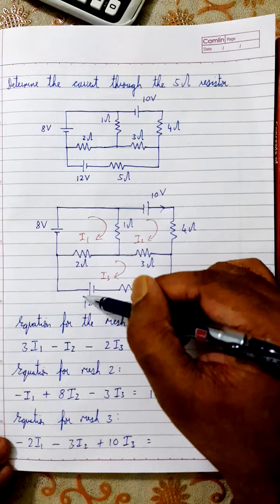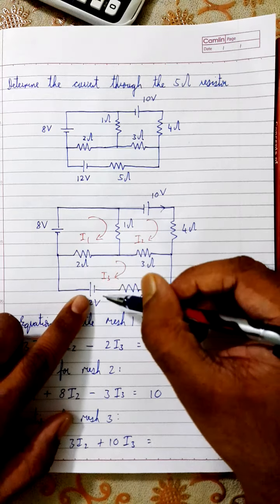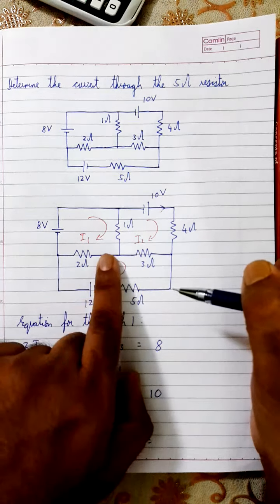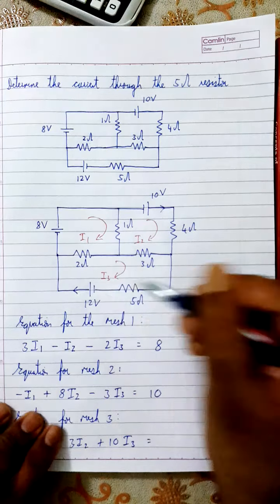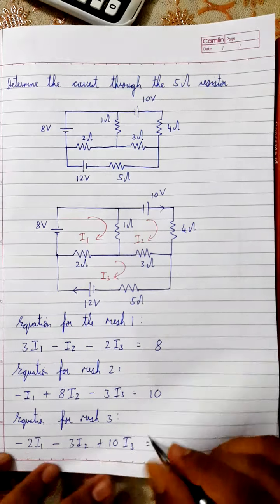There's a voltage source over here, the 12 volt, with its positive terminal over here, and I3 is flowing like this, which means this positive terminal is generating current I3. So that means it is plus 12.